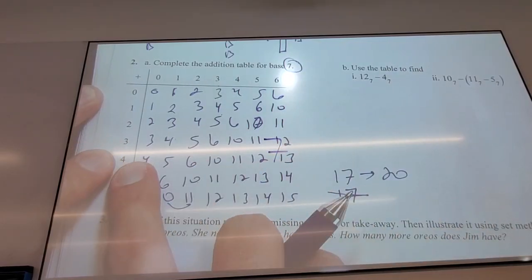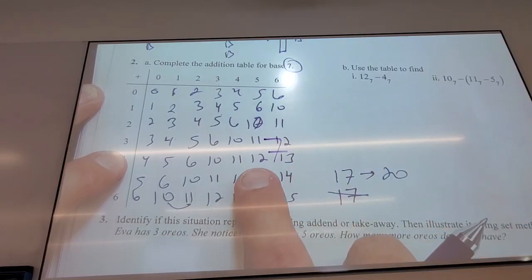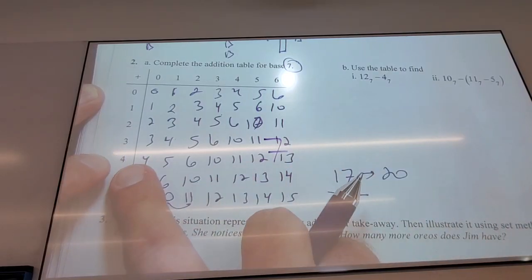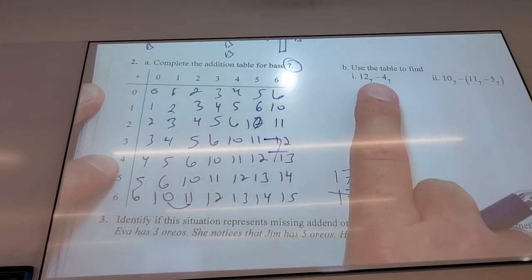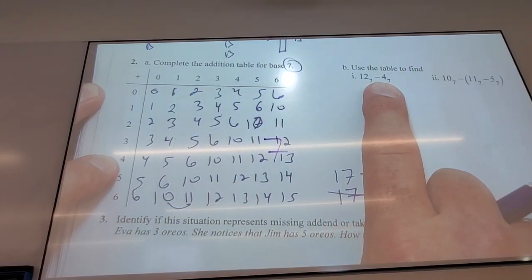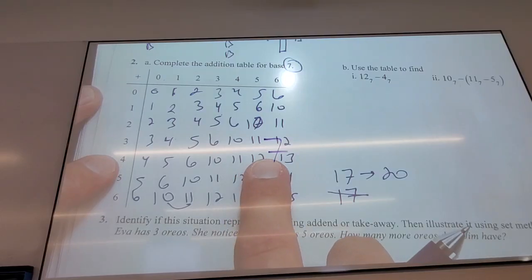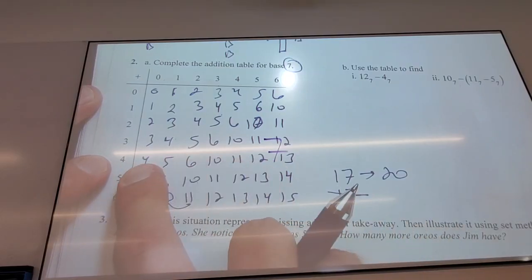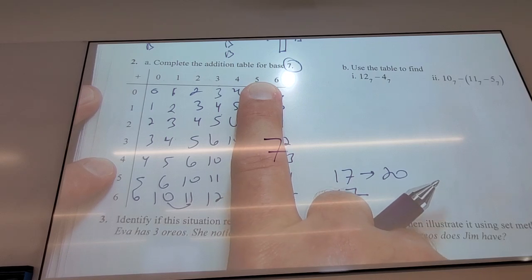Well, let's see, this one came from a 4, yes? So what method am I using if I'm doing this? I find a 12. It came from a 4 plus. So what method am I using to do the subtraction? I found the 12, and I see that 12 came from 4 plus 5. So what method is that?